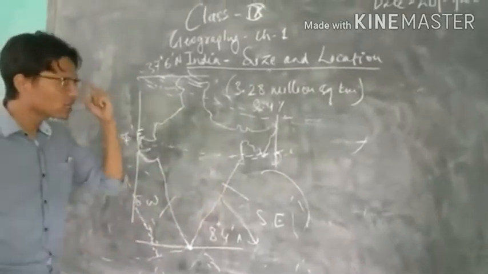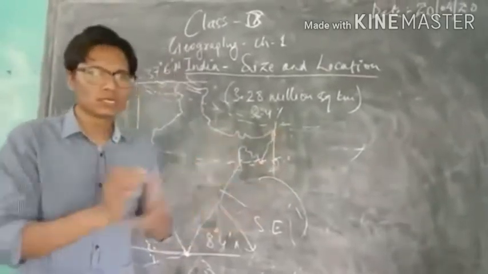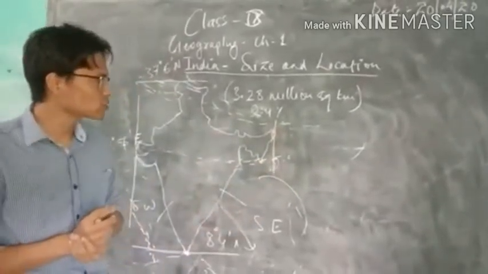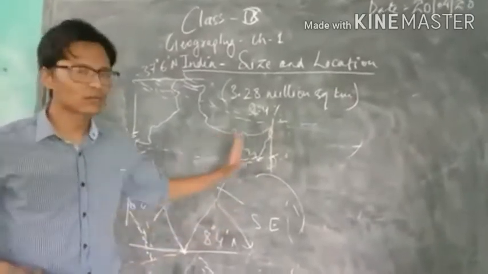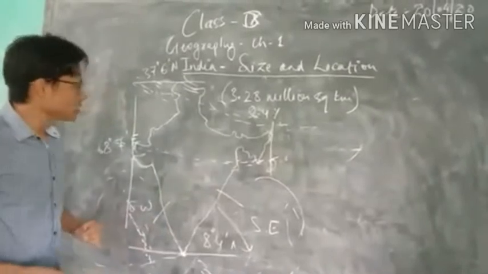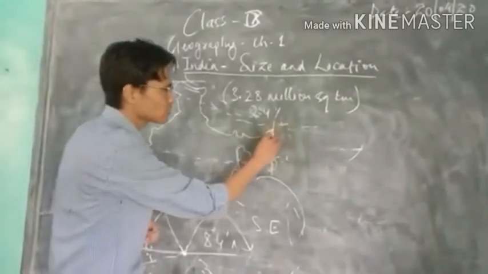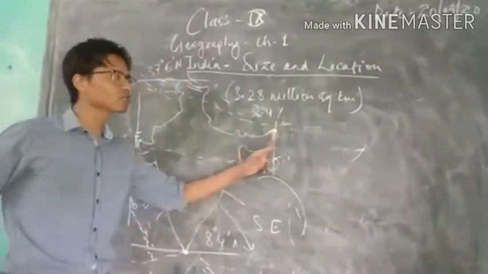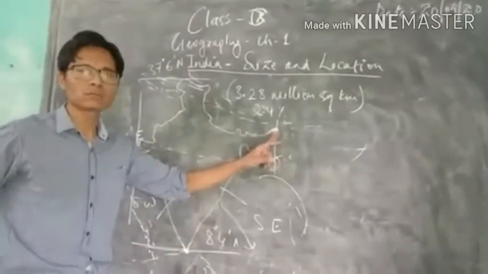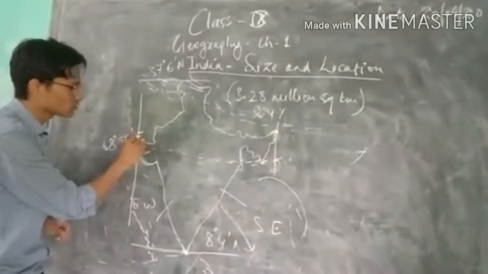Now let's talk about something about time, because it is also related to the latitude and longitudinal position of India. This is Arunachal Pradesh, the extreme eastern part of India, and this is Gujarat, the extreme western part of India.